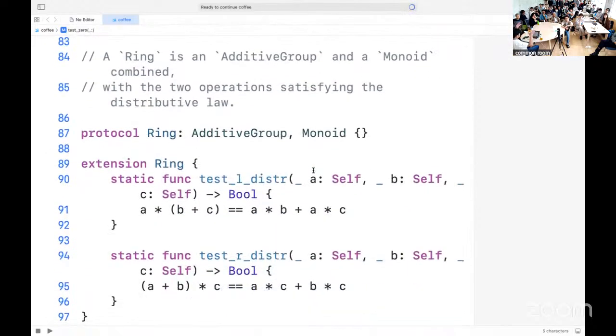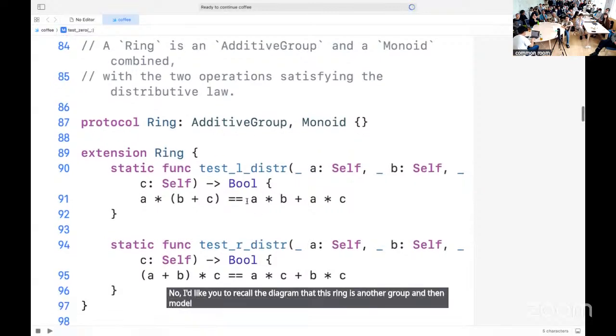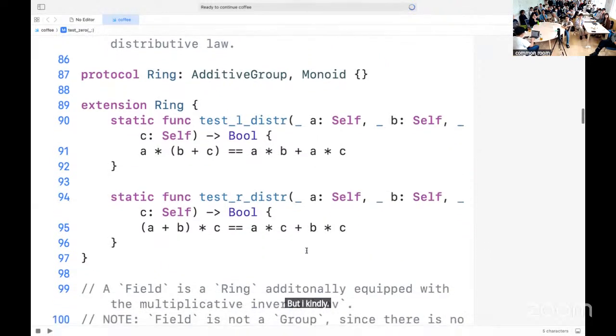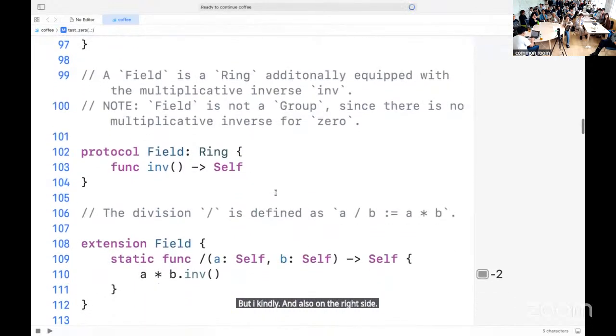Now, I'd like you to recall the diagram that a ring is an additive group and a monoid combined that also satisfies this distribution law. So A times (B plus C) is equal to A times B plus A times C, and also on the right side. And then we say that a field is a ring which is equipped with a multiplicative inverse.